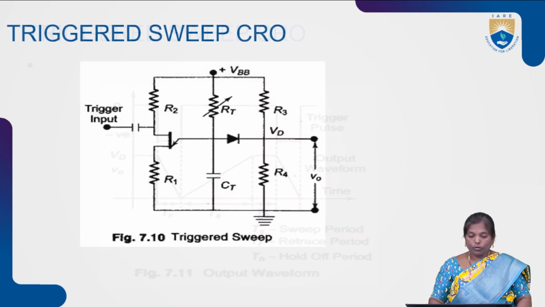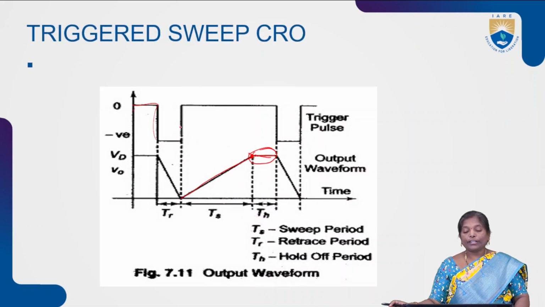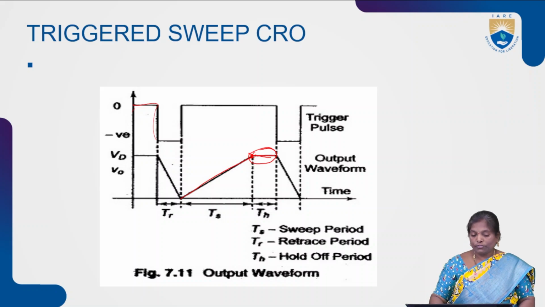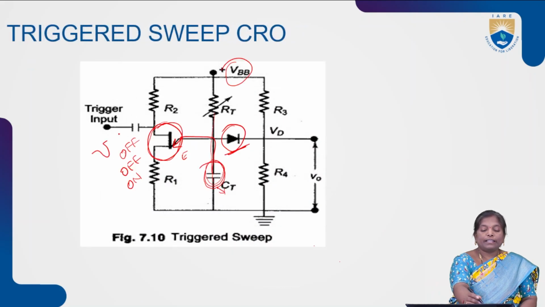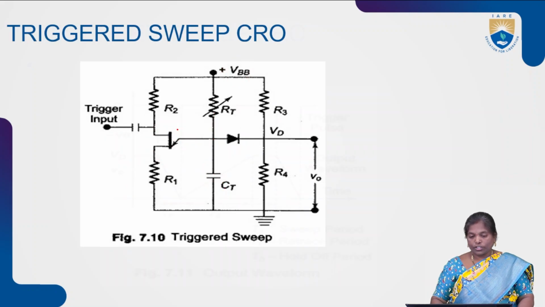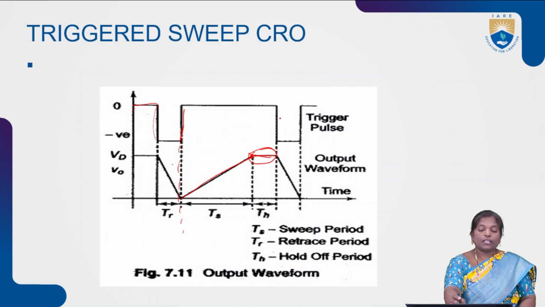If you observe the output waveform, this is the triggering signal. We are applying a negative triggering pulse. Observe from this circuit: whenever we apply the triggering input, according to that, the UJT is turned into the on state. When the UJT is on, based upon the supply voltage, the capacitor starts charging.